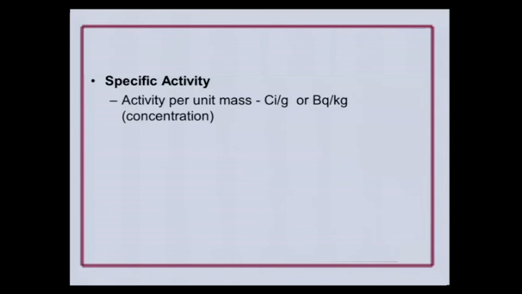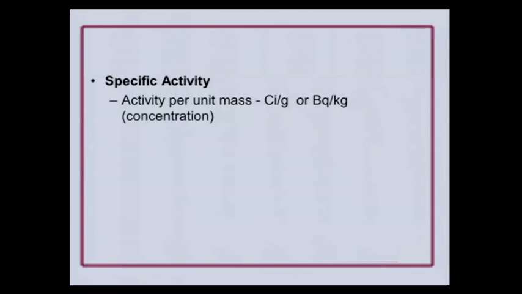And then there's this term called specific activity. When we look at activity itself, it's not really a good measure of the size of what we're dealing with. And to illustrate that, we need to talk a little bit about specific activity and why it came about, and what it is. It's activity per unit mass, so it's put in curies per gram or becquerel per kilogram.